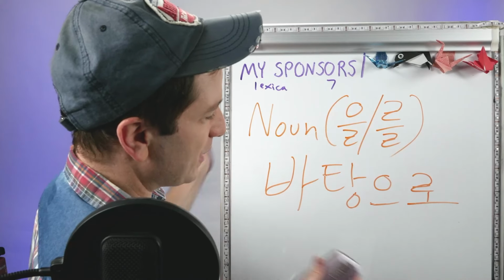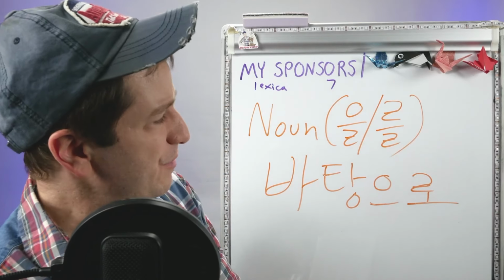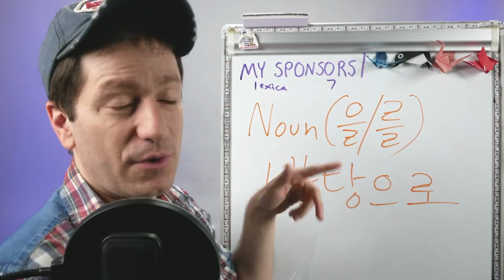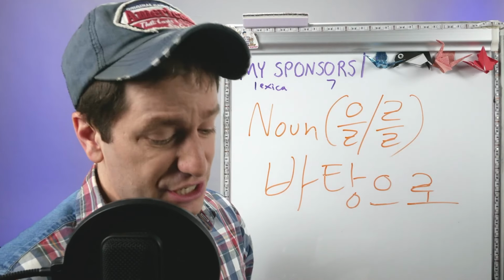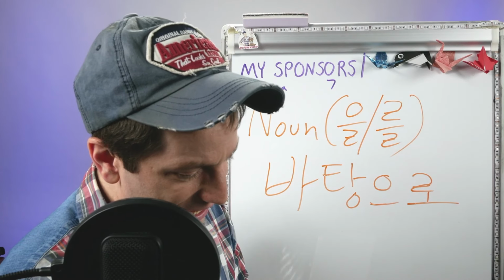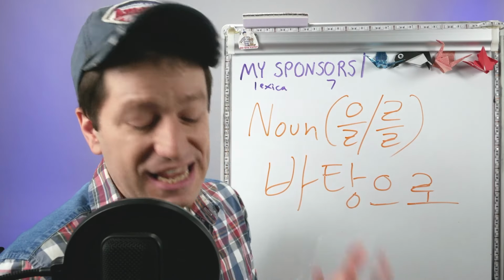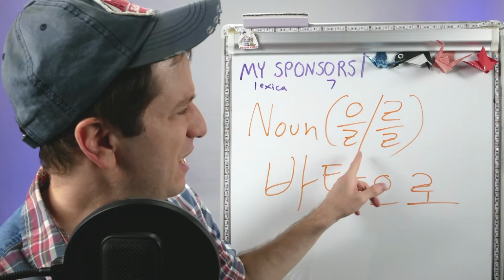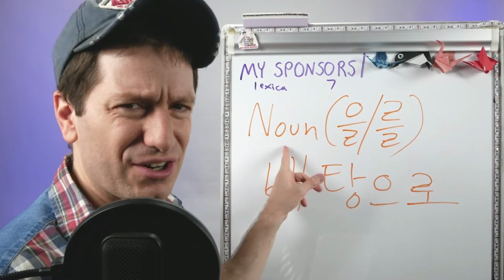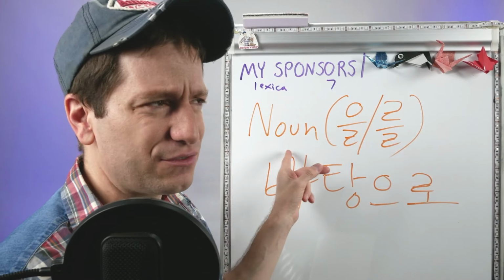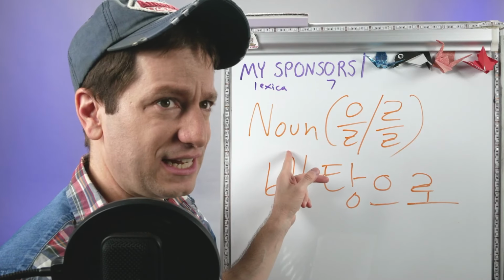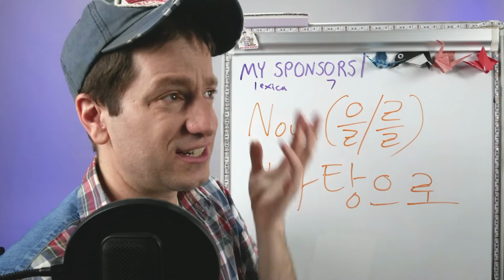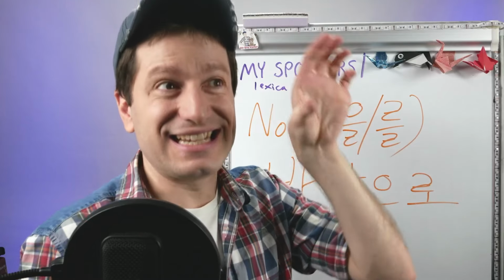There's another thing you should know about this. The noun that you use before here can also be a verb. You could use like an action verb. For example, I wrote an article based on what I heard. So in this case, based on what I heard will have to come from an action verb. 들은 것, literally 듣다, to listen, to hear. 들은 것, literally the things that I heard.